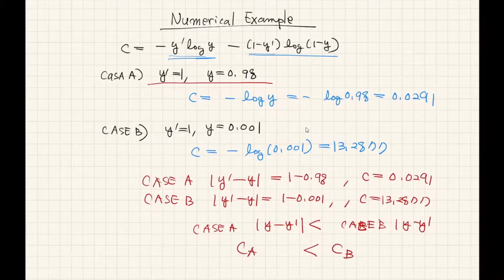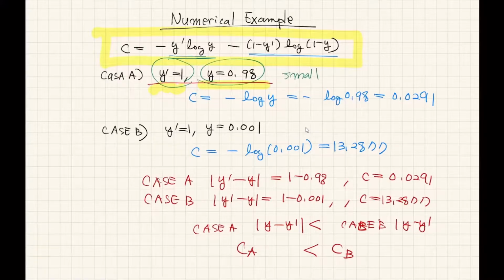Let me explain. Now this is our cost function, and let's consider two different cases where Y is equal to 1, the target number is 1, and then our output is 0.98. So the difference is very small. The difference between our target value and output value is very small.